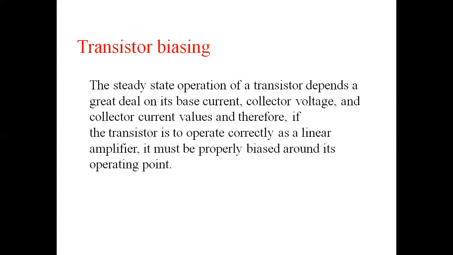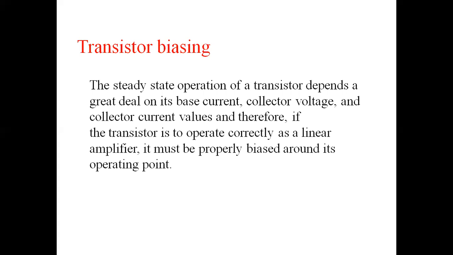Transistor biasing. The steady state operation of a transistor depends a great deal on its base current, collector voltage and collector current values, and therefore for the transistor to operate correctly as a linear amplifier, it must be properly biased around its operating point. Coming to our topic, we are discussing the common emitter transistor as an amplifier.